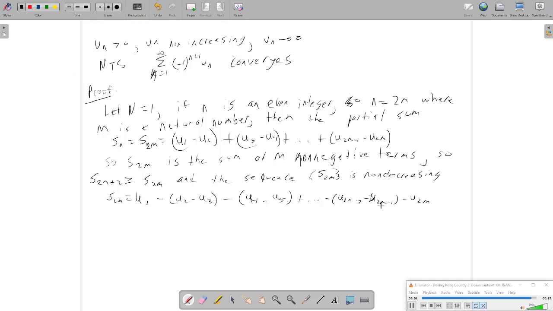Notice we're just subtracting a bunch of positive numbers from u sub 1 to get s sub 2m. So that means s sub 2m is less than or equal to u1.